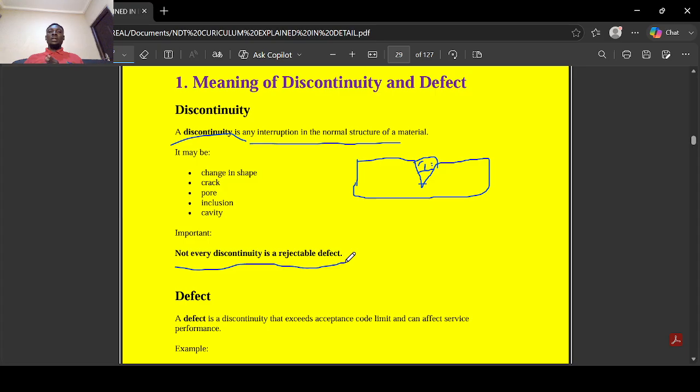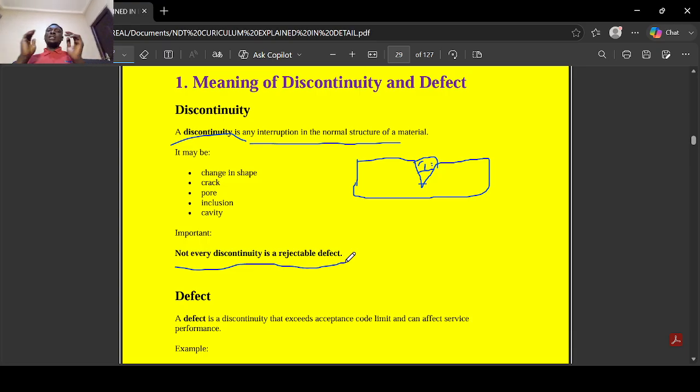So if you exceed that 25.4, it is bound to be rejectable. So you can't call a discontinuity a defect. It's not yet a defect. It becomes a defect when it's unacceptable under the code of operation.